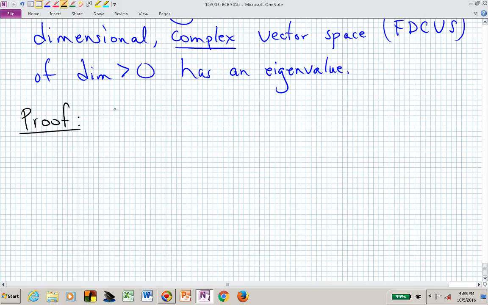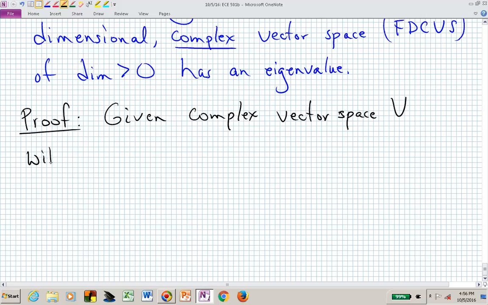So let's say that we're given a complex vector space V, where the dimension of that complex vector space V is little n, and we're assuming that n is strictly bigger than 0. So it's non-zero.